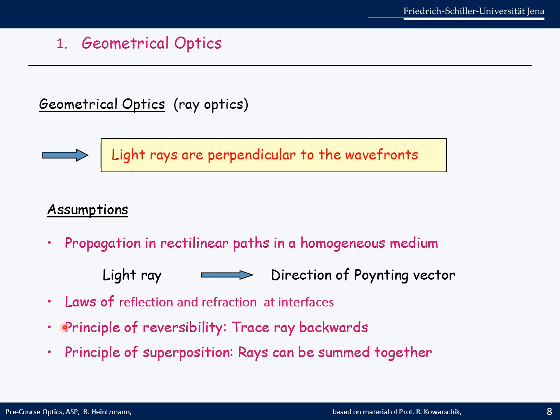Then there's a principle of reversibility, which means you can trace all these rays backwards and would still get a valid view of physics in geometrical optics. And there's the principle of superposition, which means you can get the picture of what many rays do by superimposing them.